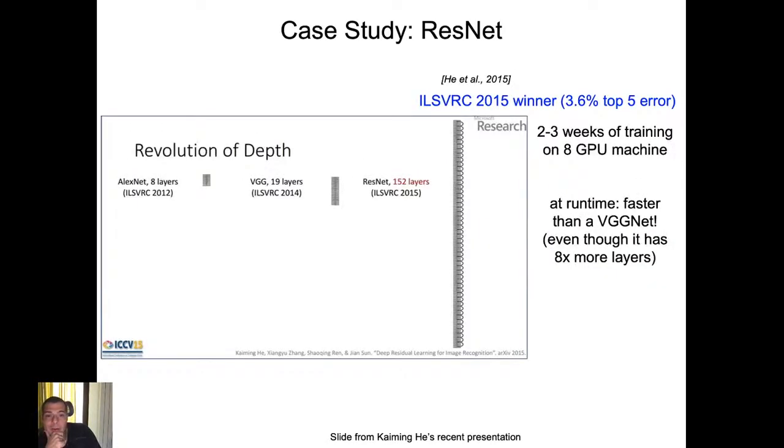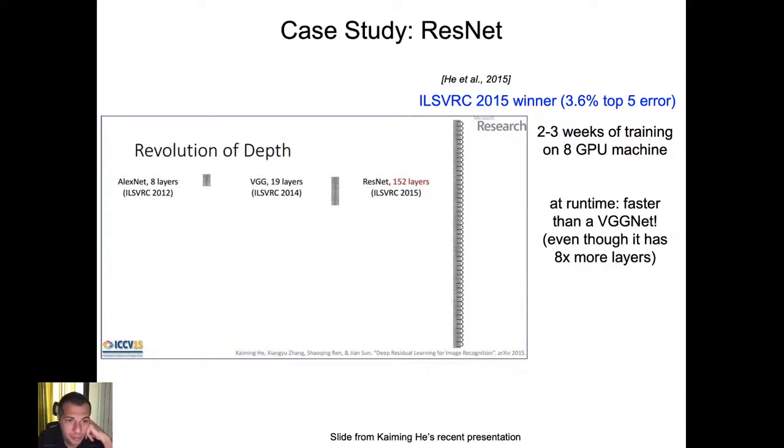Okay, so this is just to give you an idea about the magnitude of their model. So this is AlexNet, VGG, and the number of layers in ResNet is much higher compared to these two networks. In order to train ResNet, they needed about 2 or 3 weeks on a machine with 8 GPUs.